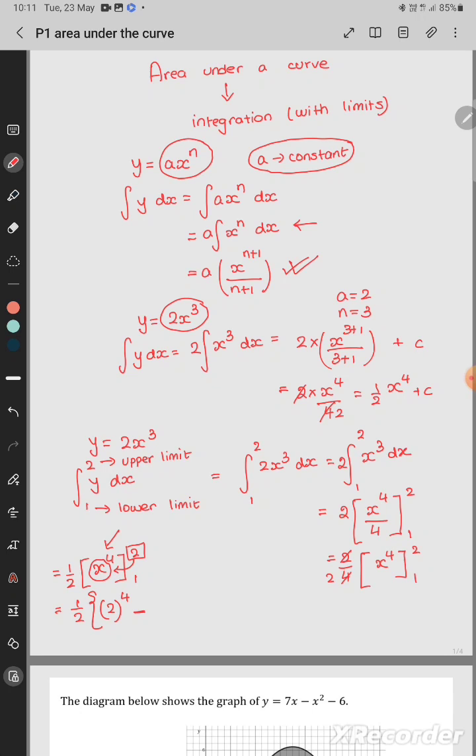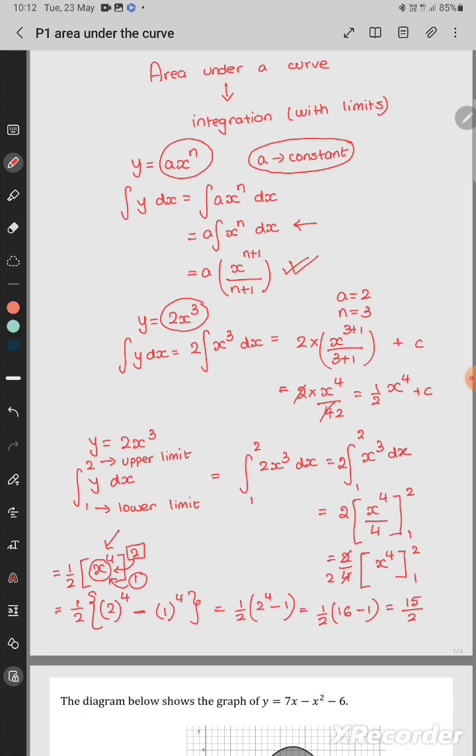Then minus, next put the lower limit in place of x, so 1 to the power of 4. Right? So this simplifies to half, 2 to the power of 4 minus 1. So half bracket 16 minus 1. Fine. So 15 by 2 is our final answer.